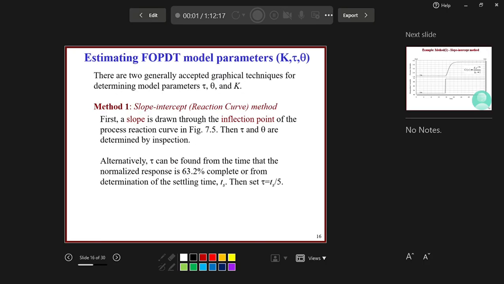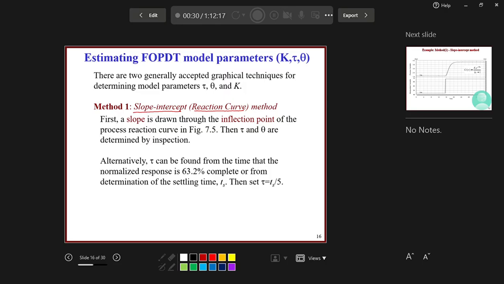Now about methods of finding the parameters of a first order plus dead time model. The first method, we will call the slope intercept method or the reaction curve method. In this method, we need to draw the slope through the inflection point of the process, like the one in the previous slide, and then we can find tau and theta from the graph.